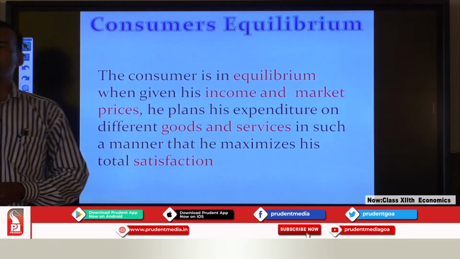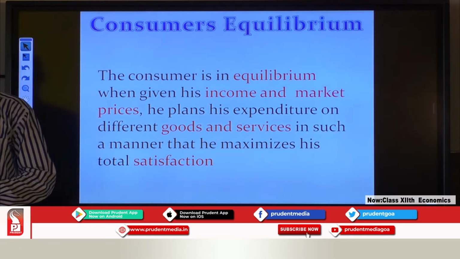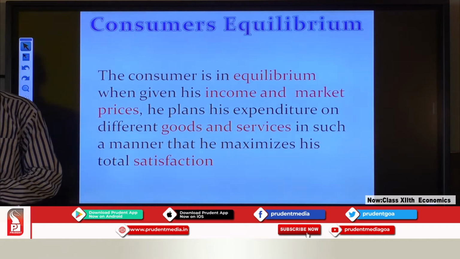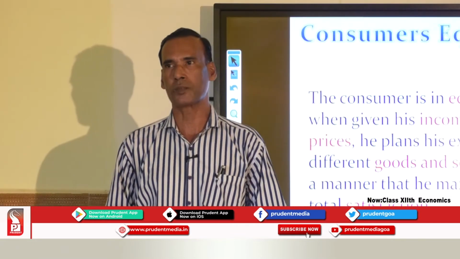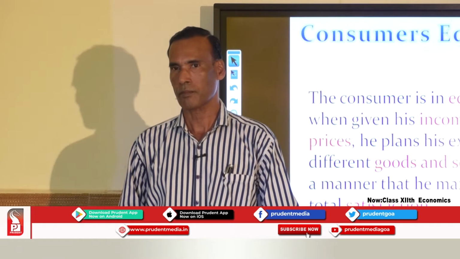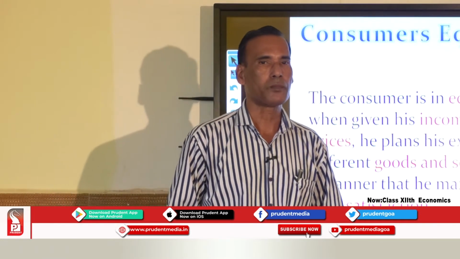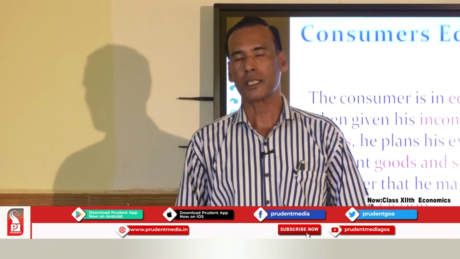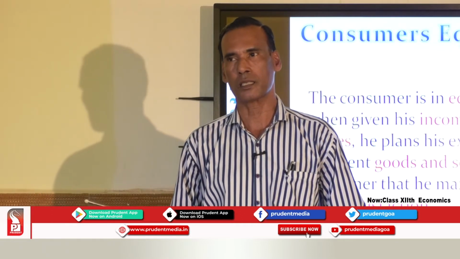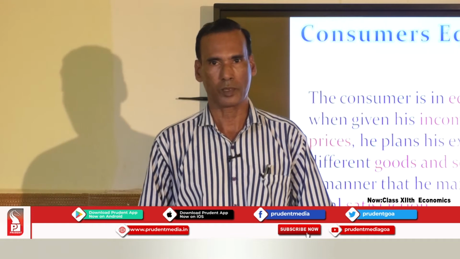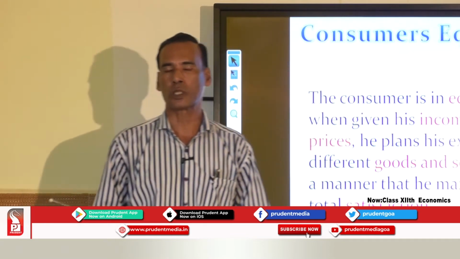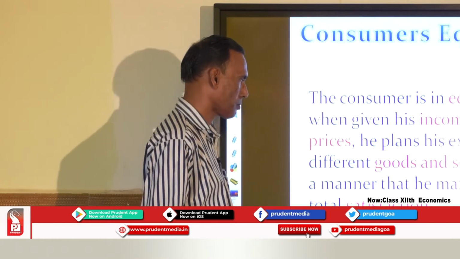The income and the price of the commodity will determine the satisfaction of the consumer. So, the consumer plans his expenditure in such a way that he maximizes his satisfaction. What we call it is consumer's equilibrium.